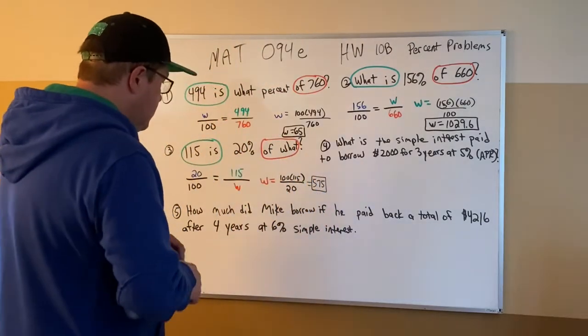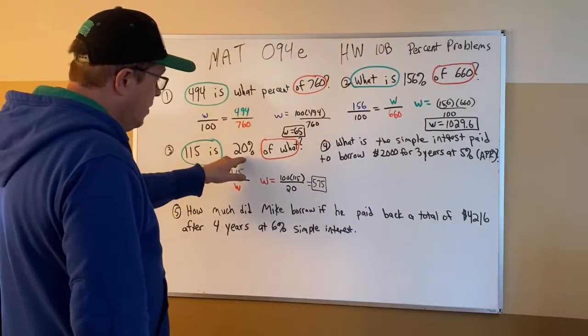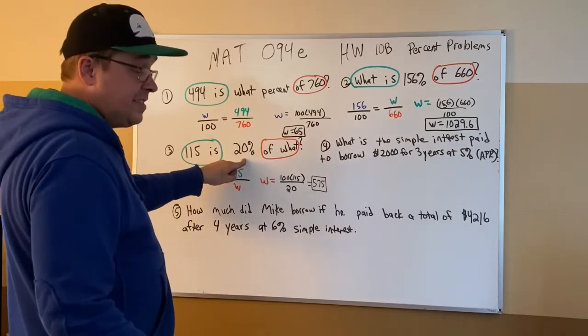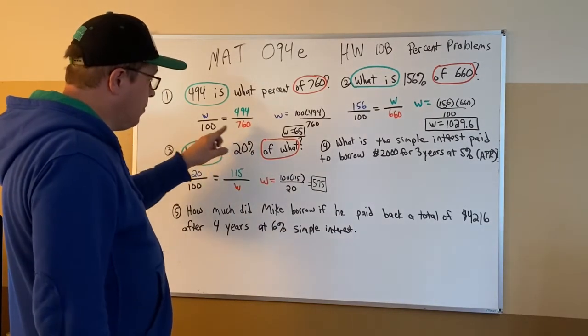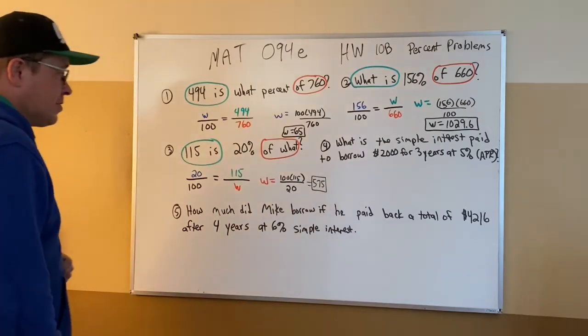Now my percentage is 20, so my is number is smaller than my of number. My is number is 115, the of should be bigger, and I got 575, so that's great.